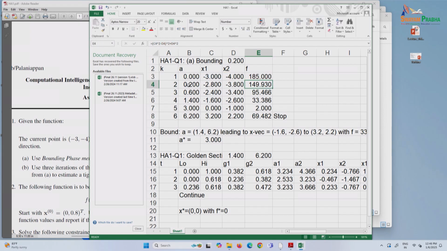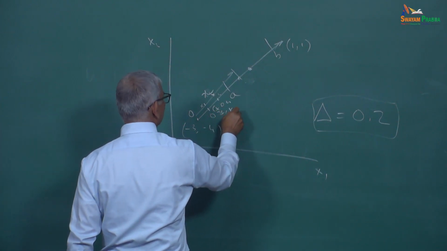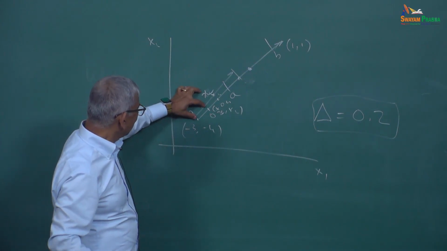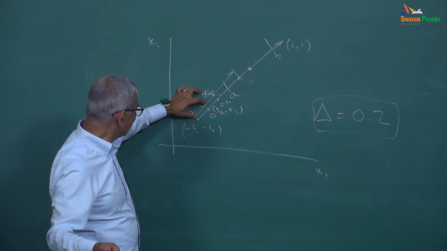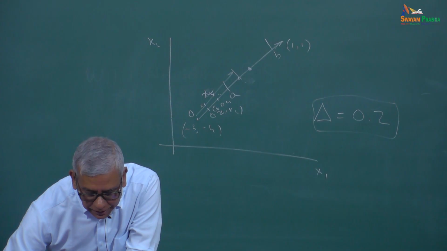Then move to x equal to 0.2, delta distance away, and how do you find the corresponding x1, x2 value? You take the starting point plus x times (1, 1). That is what I have gotten here.